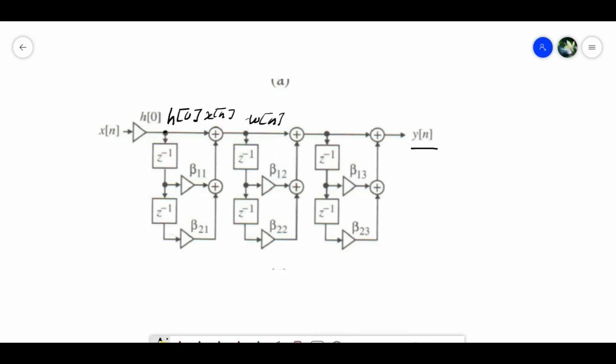Now again we don't know, it will give an output of another signal, and we don't know what that signal is also. So let's name it an. So an goes into the summing junction, and this is also an going into this unit.